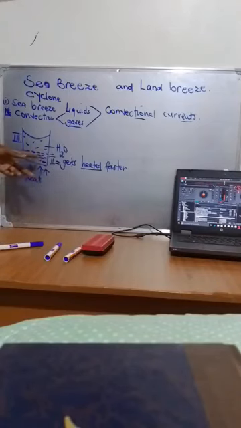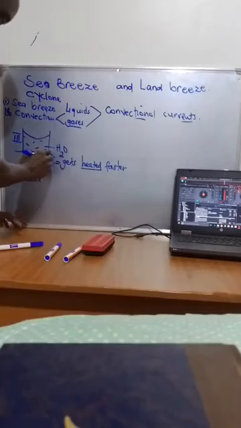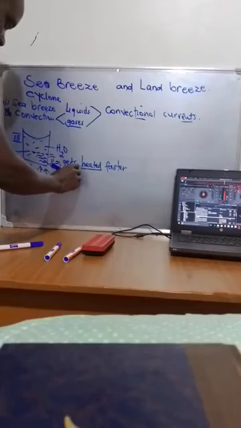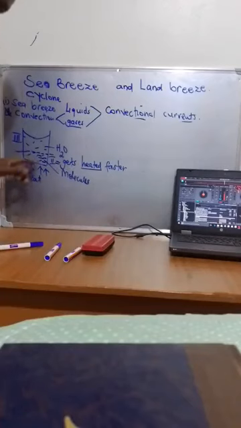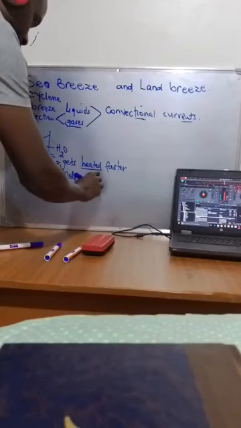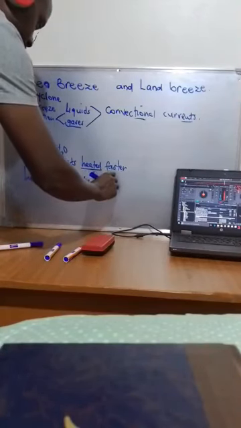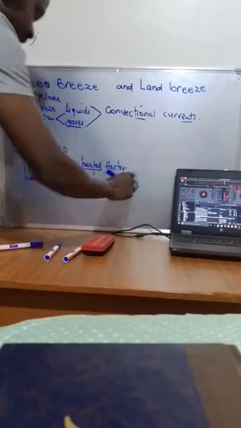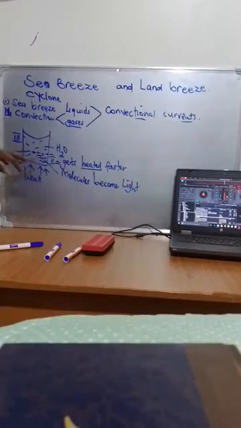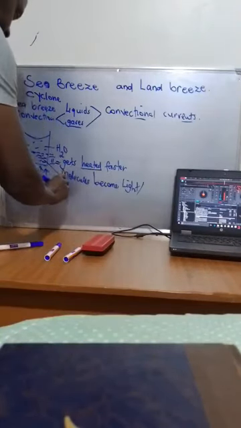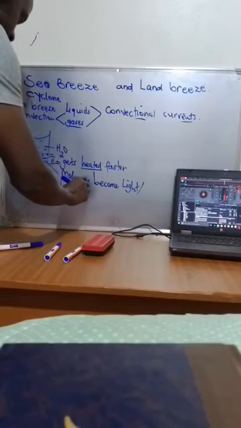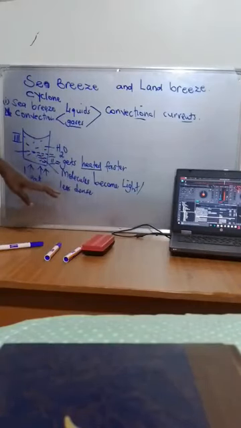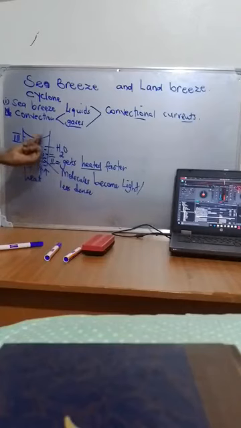The molecules in this water, next to the source of heat, will become light. In simple terms, the molecules here become less dense. Now, because they have become less dense, they move up. Whatever becomes less dense moves up.